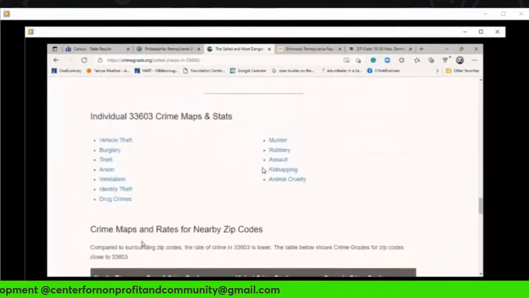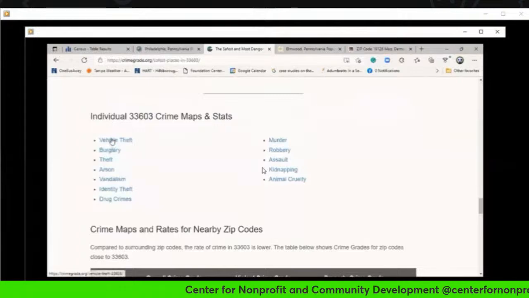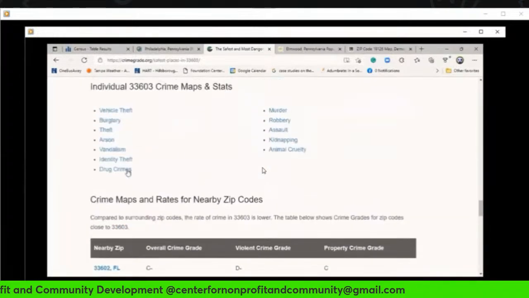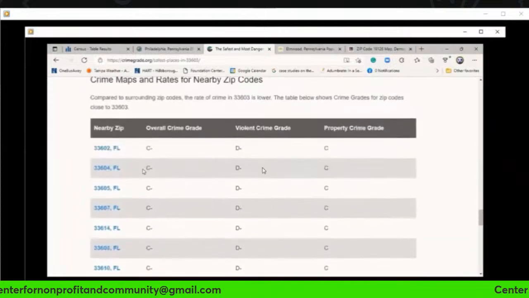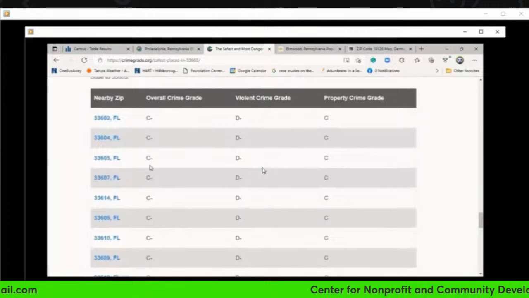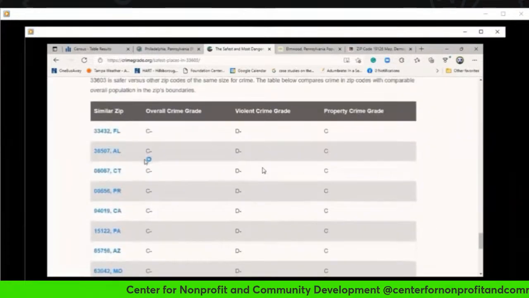You can click on it and see what it looks like for these different types of crimes. And you can go to the site and click on these individually. And then finally, you can compare your zip code to other zip codes.